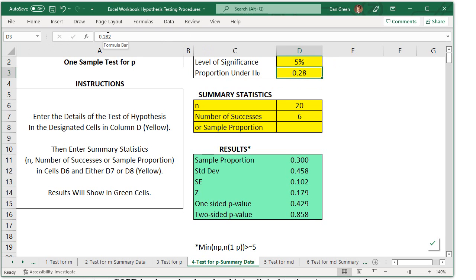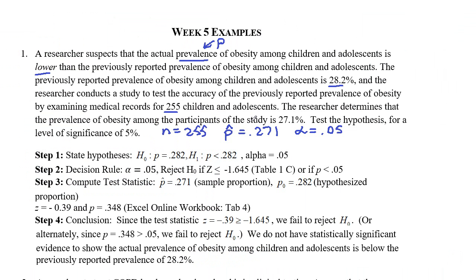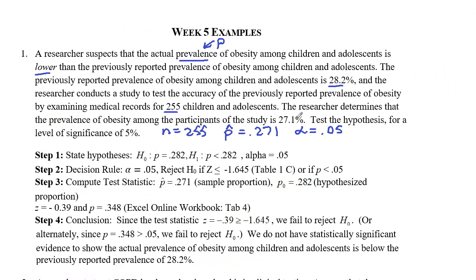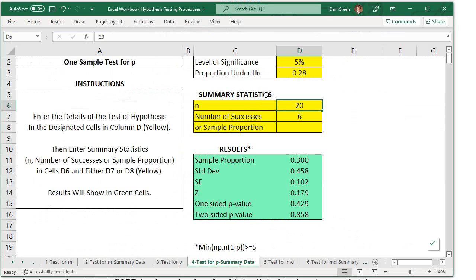So it's only displaying 2 digits, even though we put in 3. And then that is right here. And then our sample proportion, 0.271. N here, N was 255. So 255. And then number of successes were not given, but we are given sample proportion, 0.271.